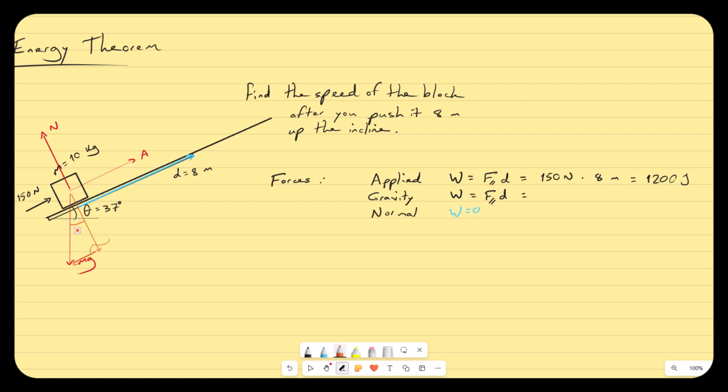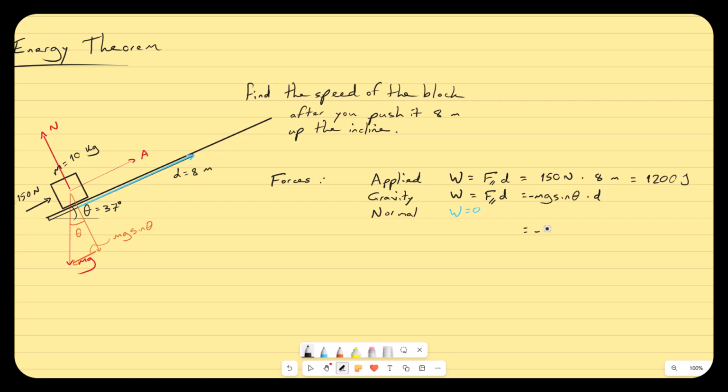This side, there's my angle, this side is going to be equal to mg sine theta, so my force parallel is going to be mg sine theta. I'm multiplying that by my distance, and gravity wants this thing to move down, it's moving up. There's a minus sign on here.